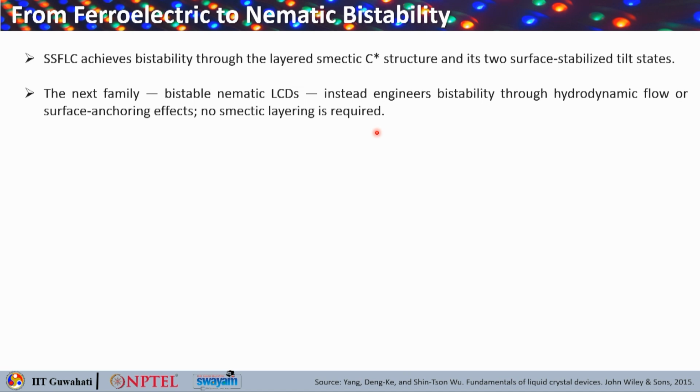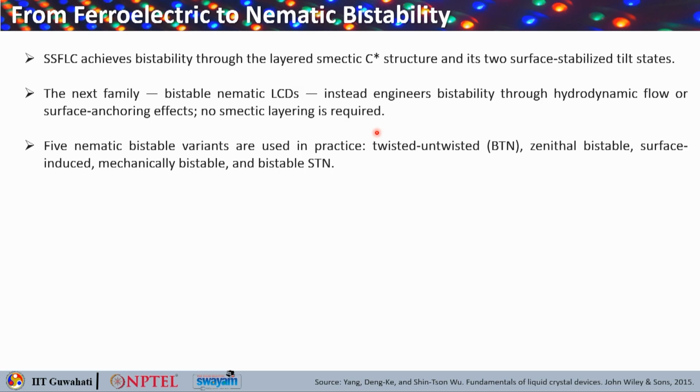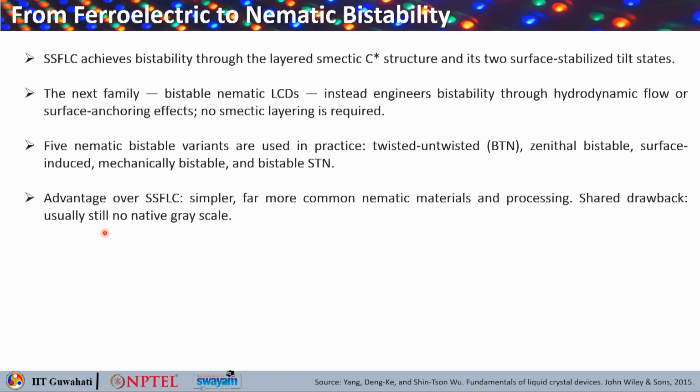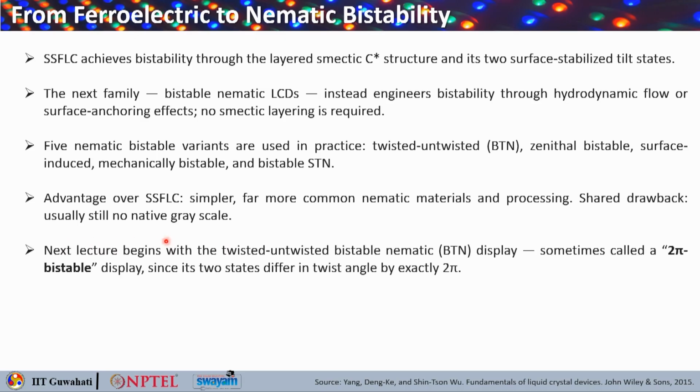Here no smectic layering is required. The five nematic bistable variants typically used in practice are: bistable twisted nematic, that is BTN, zenithal bistable, surface induced, mechanically bistable and bistable STN. The advantage these have over SSFLC is that they are simpler, far more common nematic materials are used and the processing is easy. However, they share the drawback that they usually still have no native grayscale.